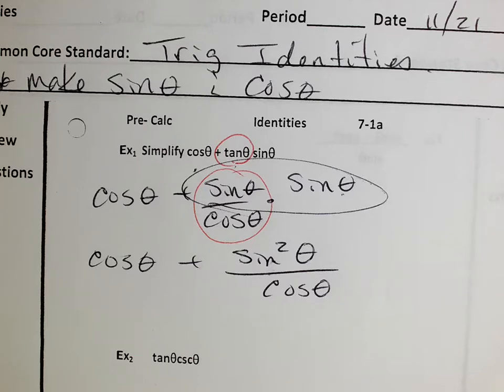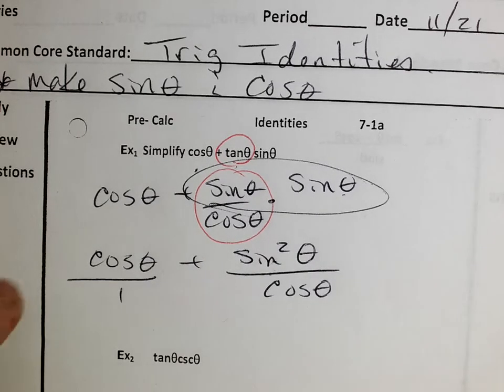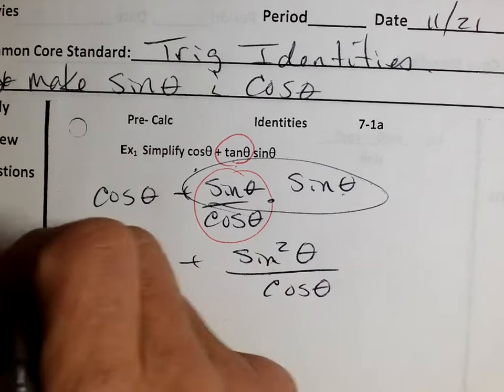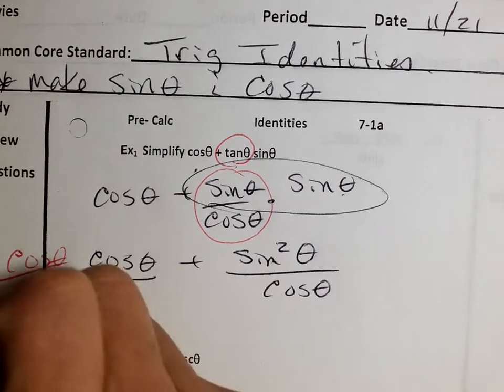Now, I've got a fraction. Whenever I add fractions, I get a common denominator, right? So let's see. If I multiply this by cosine over cosine, I get a common denominator.